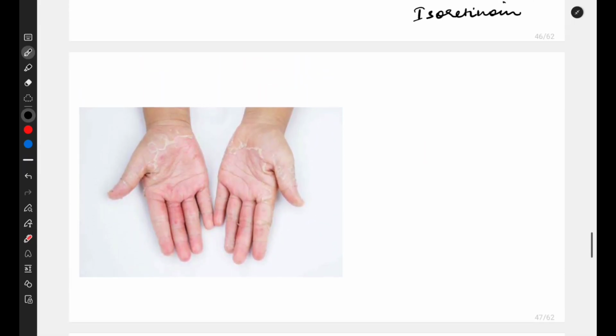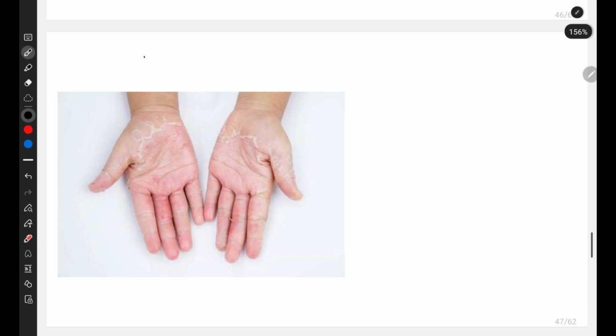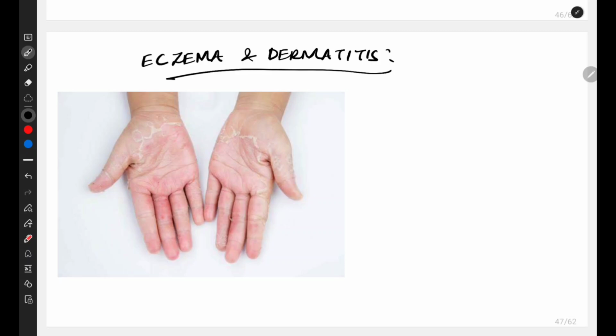So now coming to eczema and dermatitis. Eczema or dermatitis can be due to irritants or allergens. First, this is called ICD, irritant contact dermatitis.